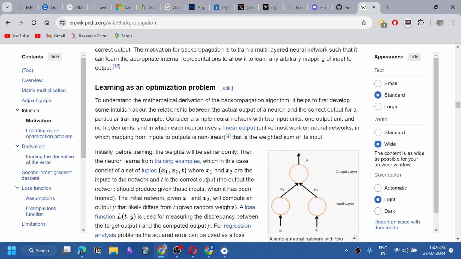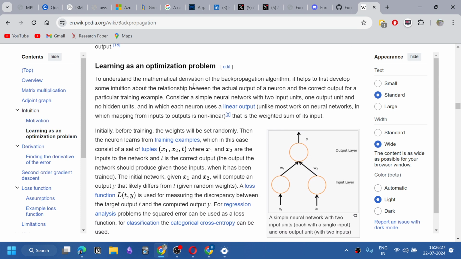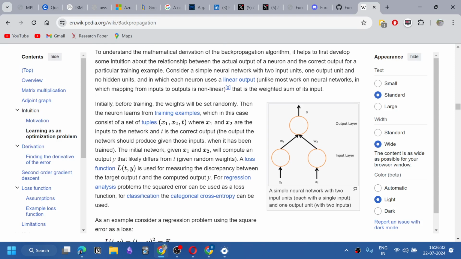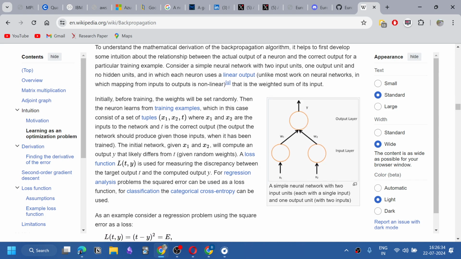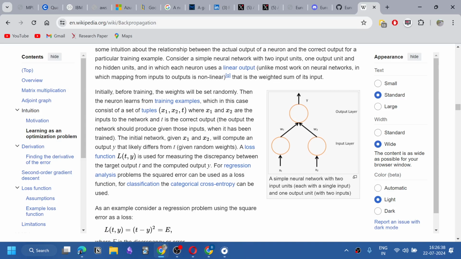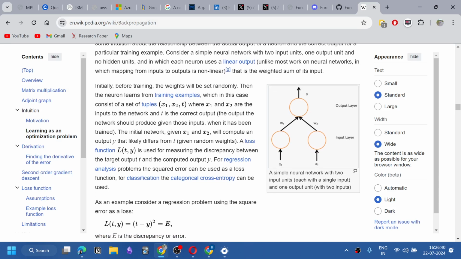Any arbitrary mapping of input to output is an optimization problem. To understand the mathematical derivation of the backpropagation algorithm, it is helpful to develop some intuition about the relationship between the actual output of a neuron and the correct output for a particular training example.